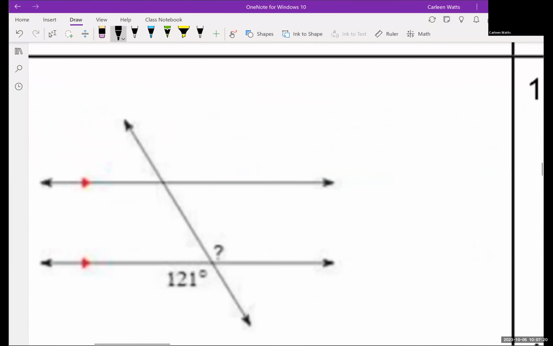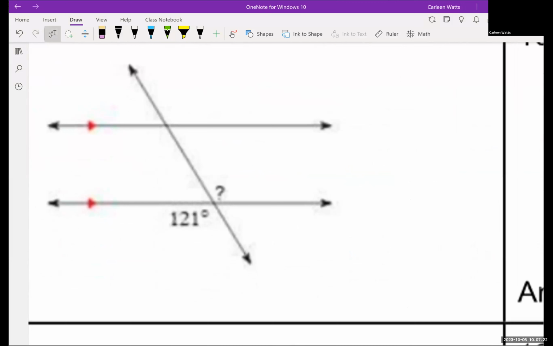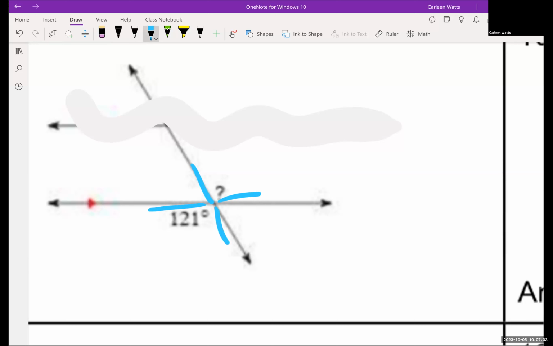Number 9. Oh, look, we don't even need this line. They're both on the same line. So I need 2 things. I need the vocabulary, and we're going to solve for X. The vocabulary is vertical. And vertical angles are congruent, so X equals 121.